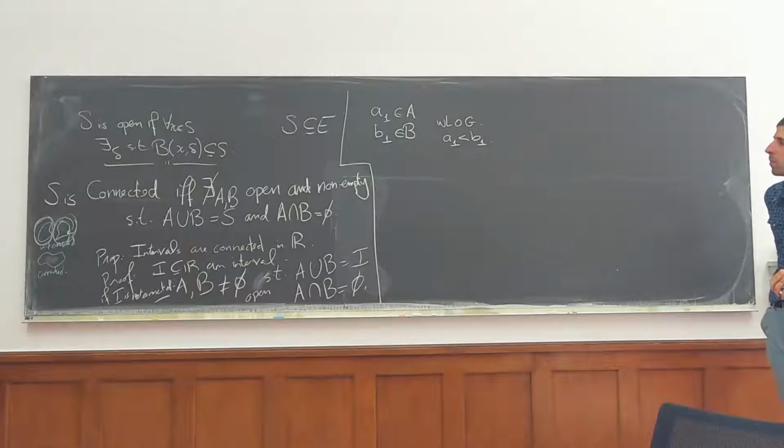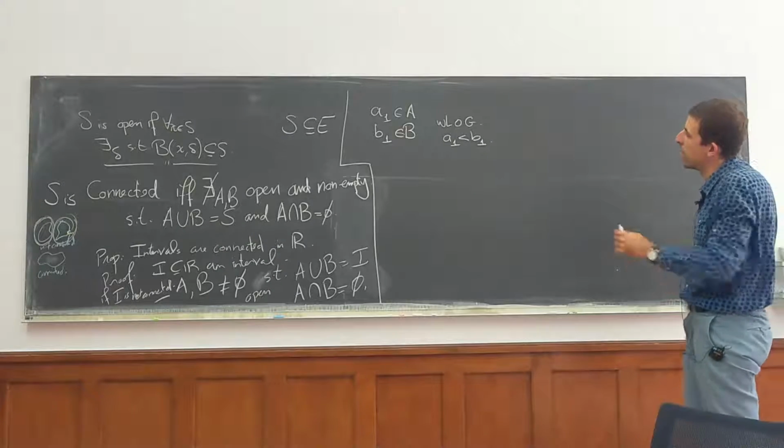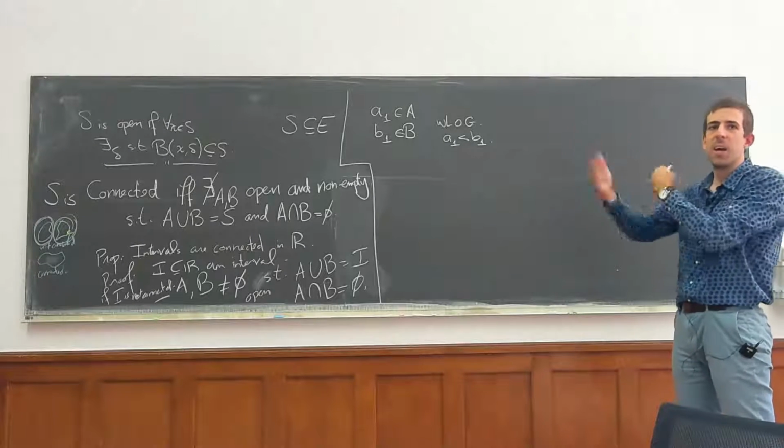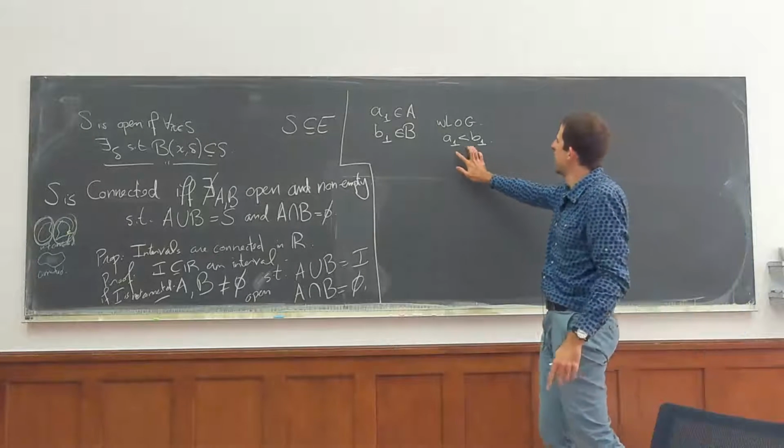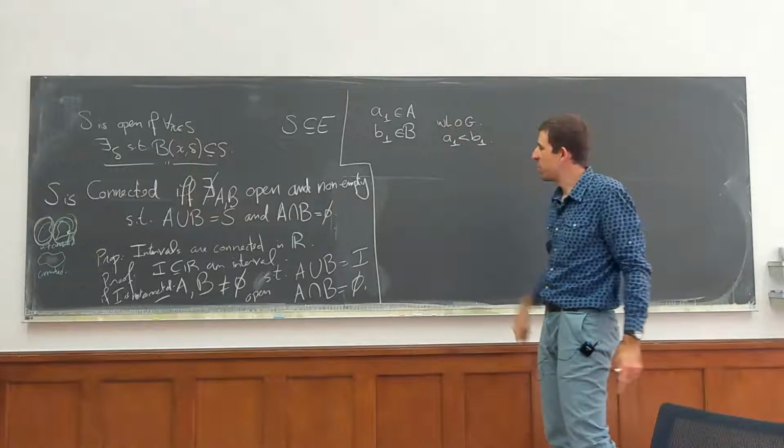If it's the other way around, you just flip the name of A and the name of B.